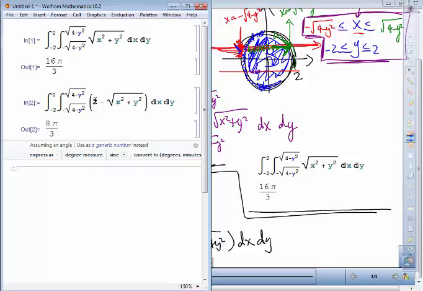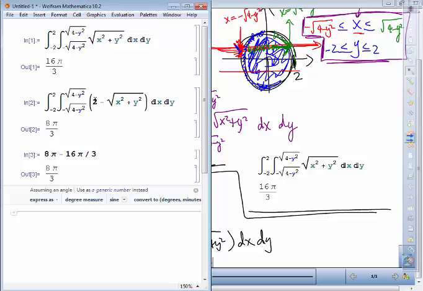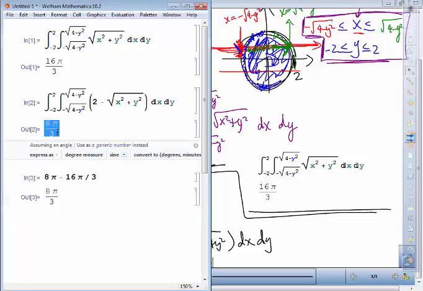Radius 2 squared times the height 2, so 8 pi. And then we take out the 16 pi over 3, and we get 8/3 pi.